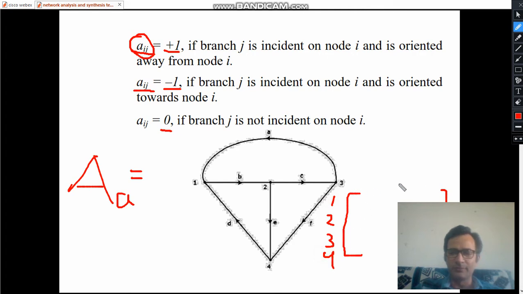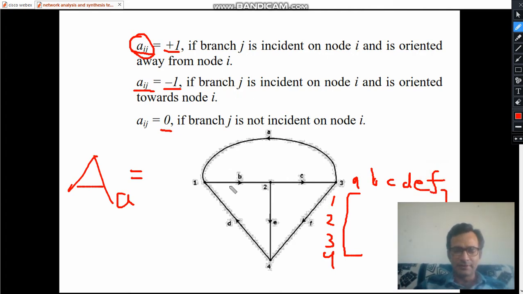And columns will be associated with branches A, B, C, D, E, F. So let us consider node 1 and branch B. Branch B is incident on node 1. It is associated with this node 1 and is away from this node 1. So for node 1 and branch B, here we will be having +1.